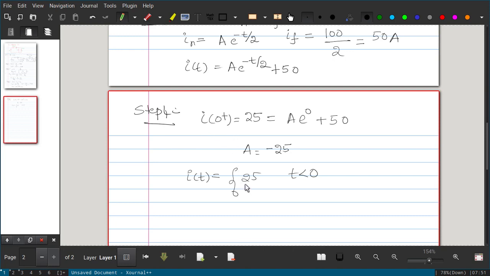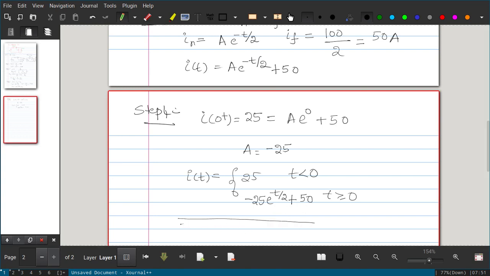So at t less than 0 the current is 25, but for t greater than or equal to 0, you have to use that expression I of t equal to In plus If. What is the natural response? Natural response is minus 25 e power minus t by 2, plus forced response. Forced response is 50. So this is the solution for the above problem. Minus 25 e power minus t by 2, plus 50 when t is greater than or equal to 0. Okay, that's it.